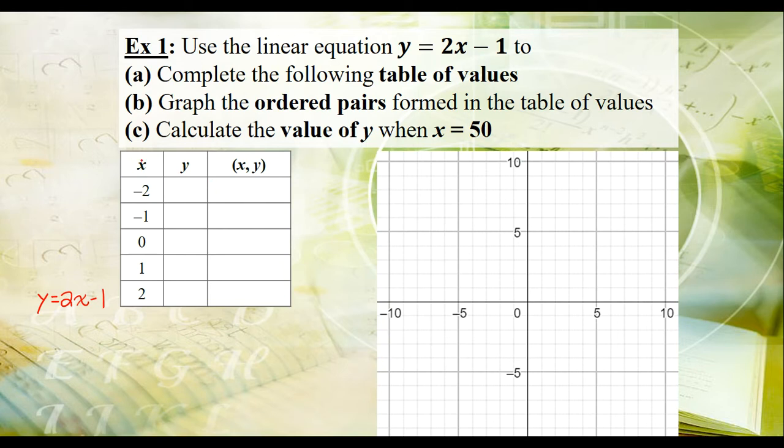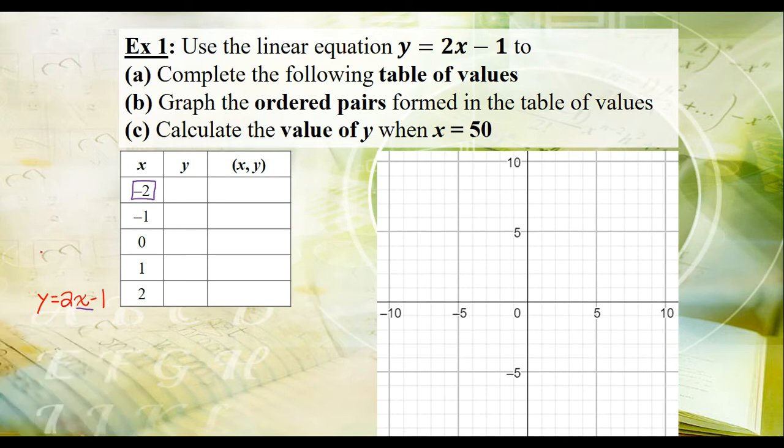Now, in the table, I have a bunch of different values of x. I have x is -2, x is -1, x is 0, x is 1, and then x is 2. What I'm going to do is a substitution. I'm going to take, for example, x equals -2, plug it into this equation for x, and then figure out what the value of y would be equal to. So let's go ahead and do this.